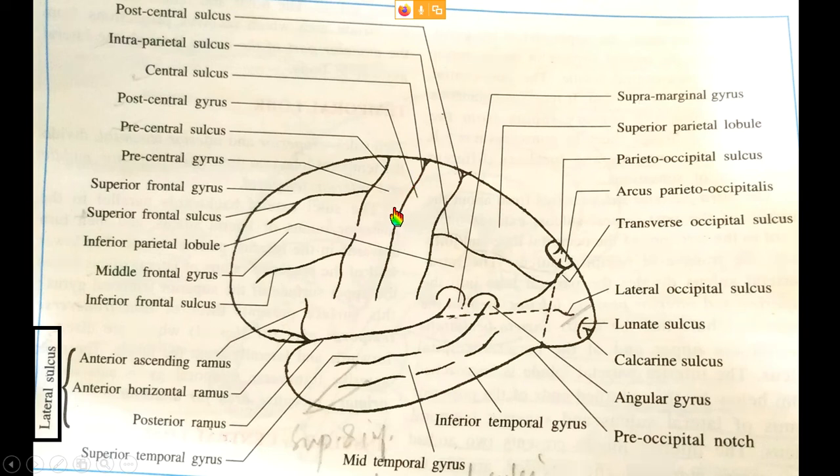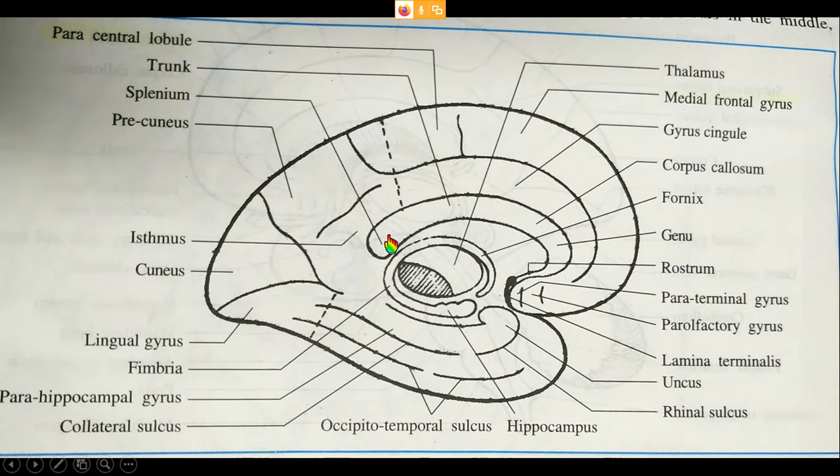The upper end of the precentral gyrus extends onto the medial surface, involving the anterior part of the paracentral lobule. So this area is called the precentral gyrus.